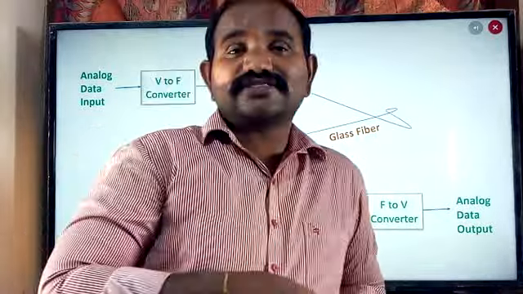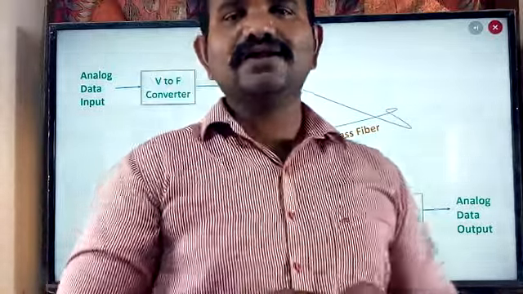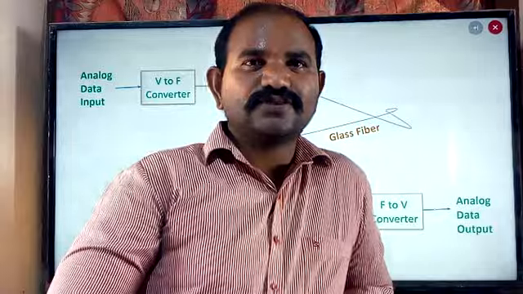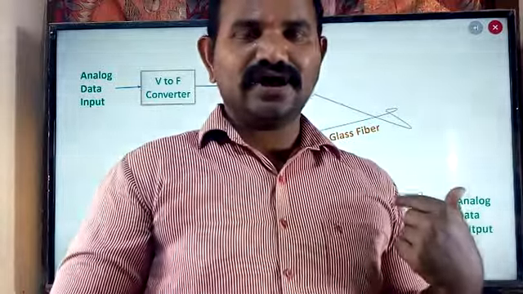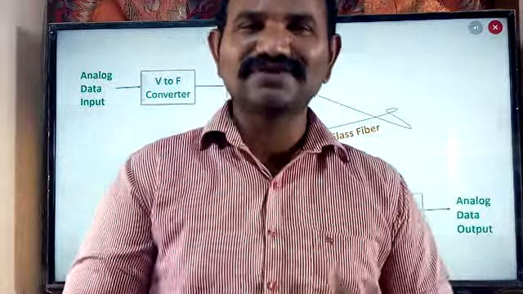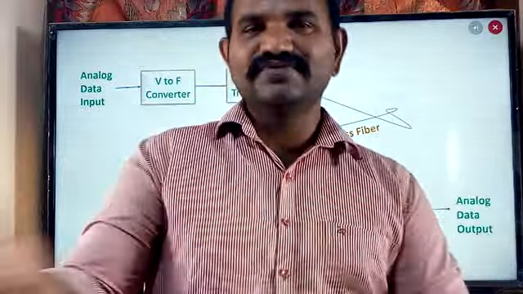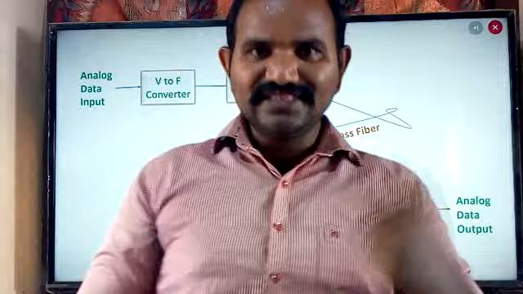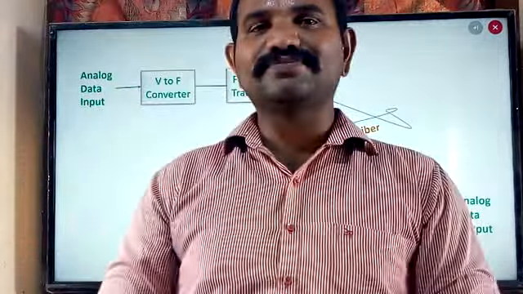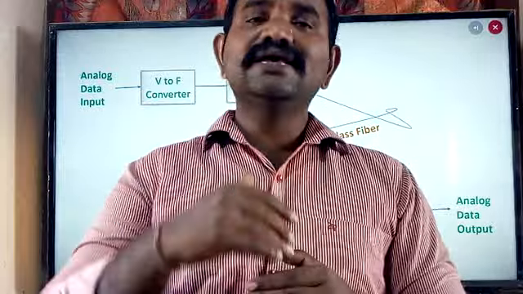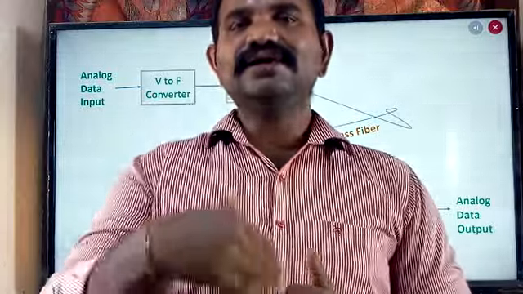In other cases, we are supposed to send the information in terms of the analog or voltage, or the currents or the frequency format, which is in the electrical signal format. But using the optical fiber communication, we can send the information in the light format.